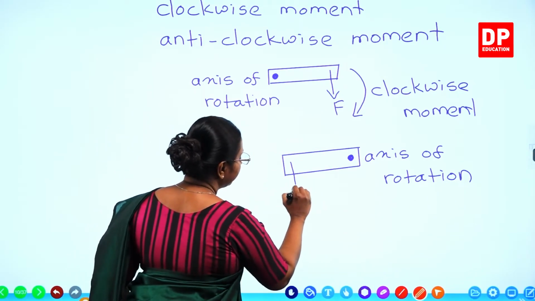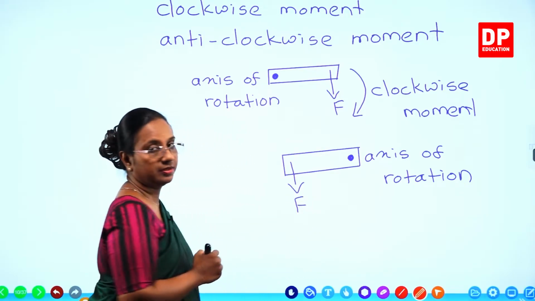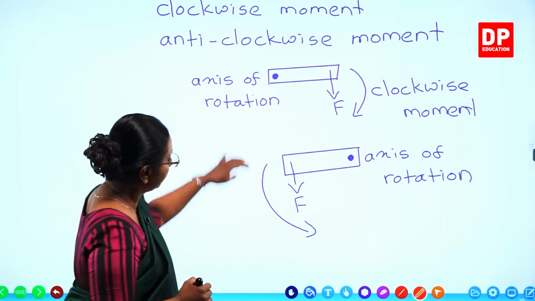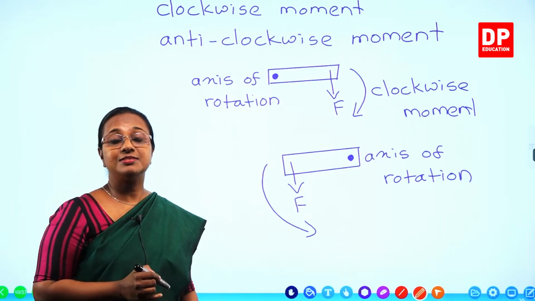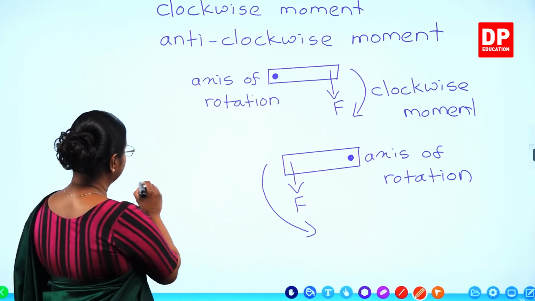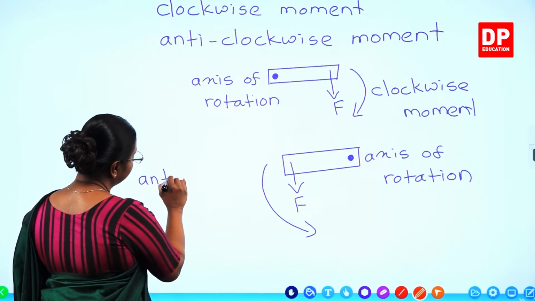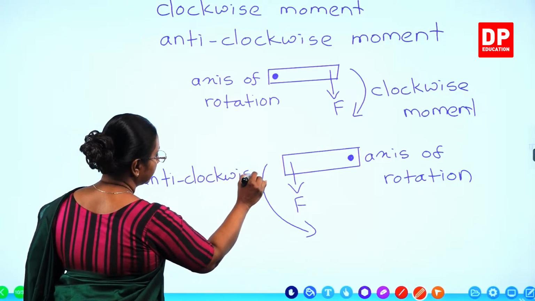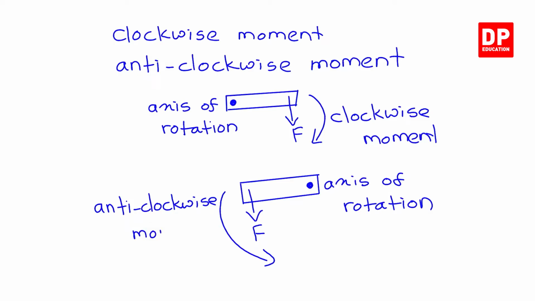Then we apply the force from this point. Then what happens? The plank or the strip of wood will rotate towards this direction, and that will be the anti-clockwise moment.